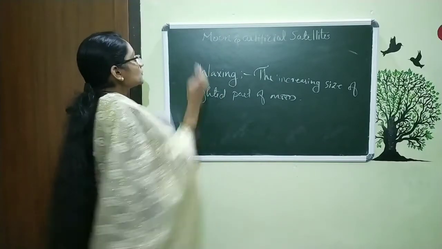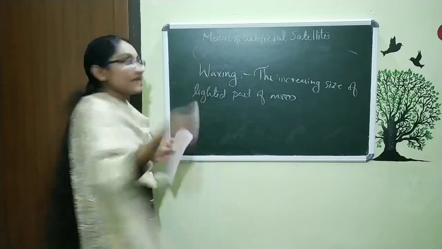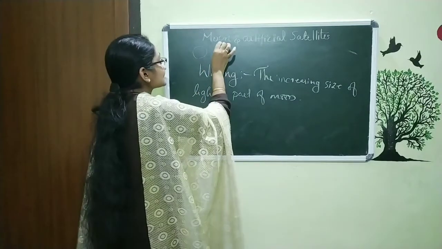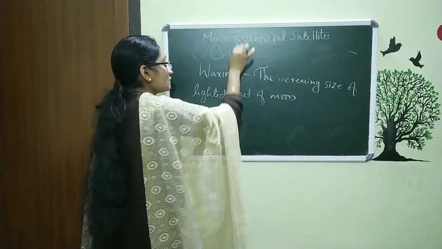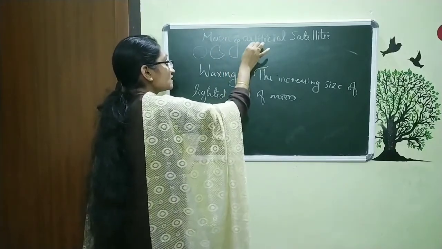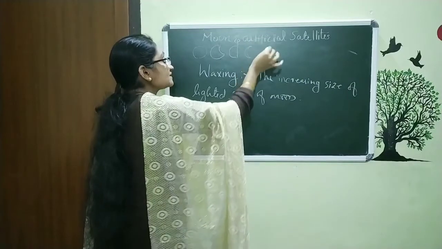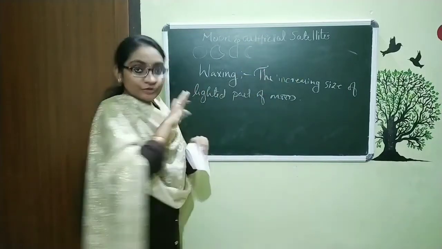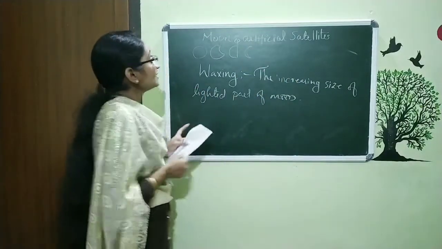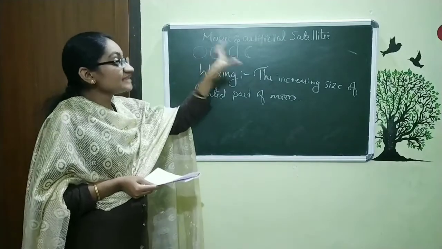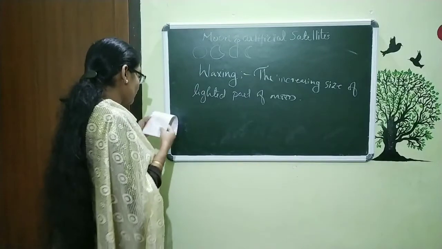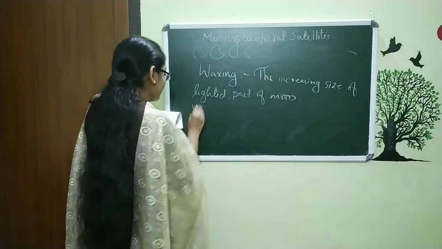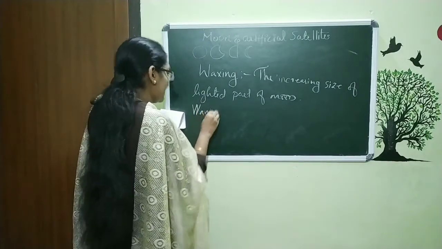After the full moon occurs, what happens? Then the size is getting decreased. Half occurs, then crescent occurs, and then new moon occurs. So when the light or the size of the moon is getting decreased, that is called waning, W-A-N-I-N-G.